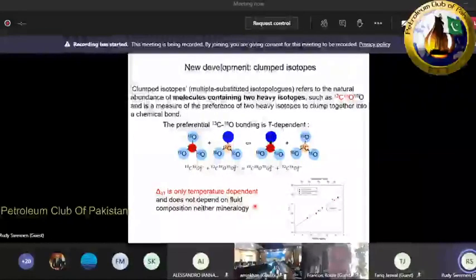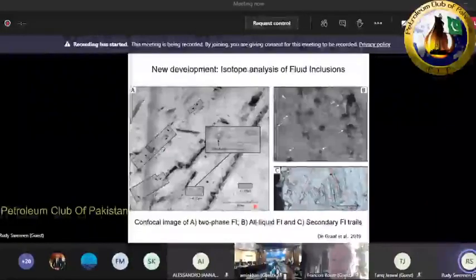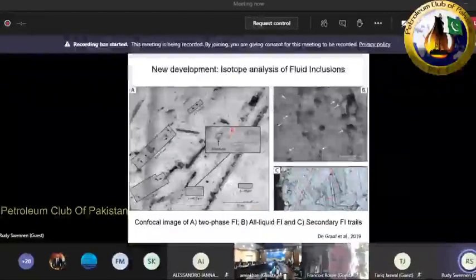So this is a real major development in the field of isotope characterization of carbonates.